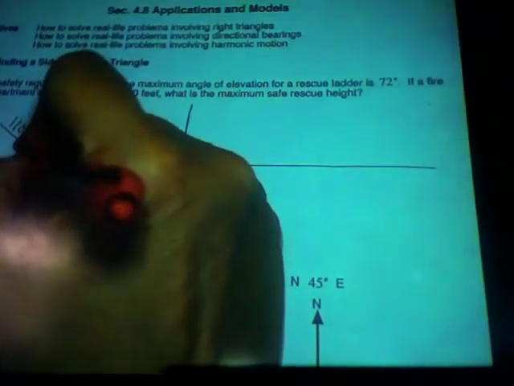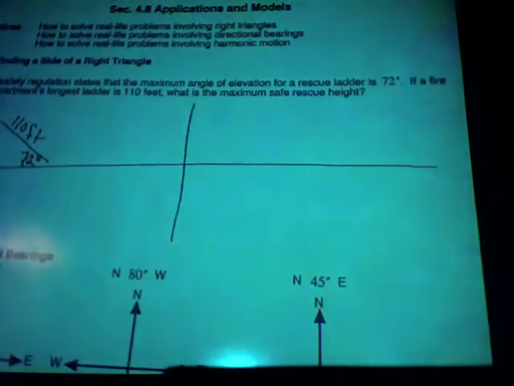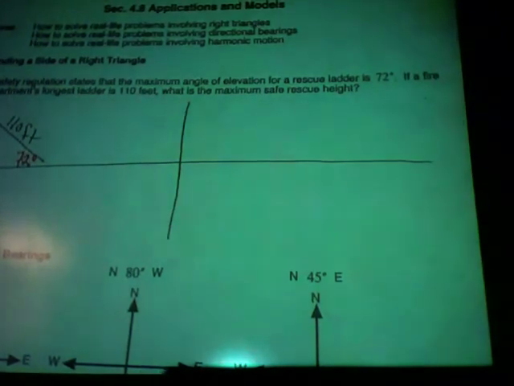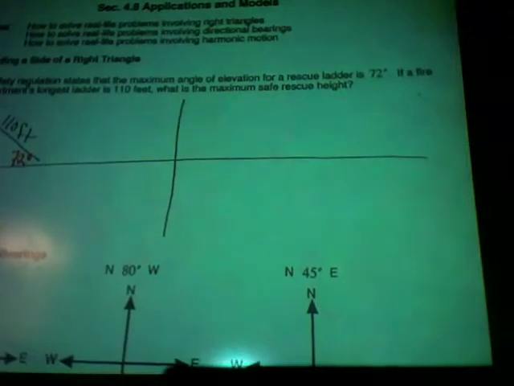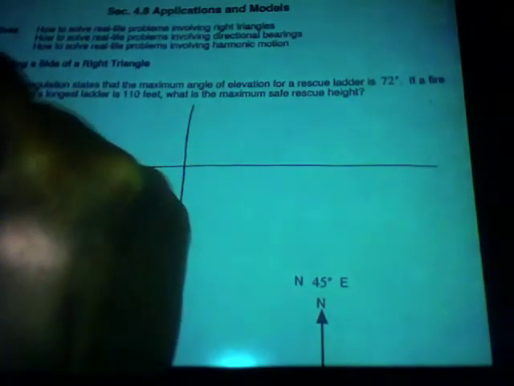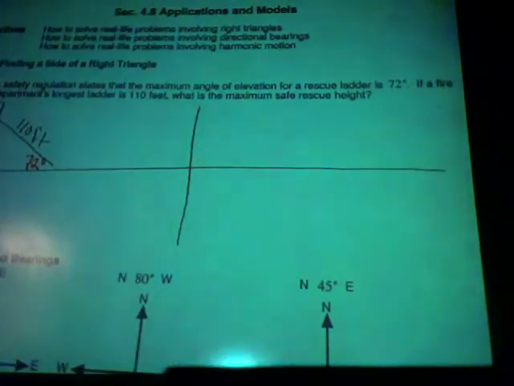Wouldn't this be the angle of elevation at 72 degrees? Because it's going up, right? If a fire department's longest ladder is 110 feet, what's the maximum safe rescue height? Is that this distance here or this distance here? Okay, so the x represents from here to here. That's the highest that they could go rescue somebody with.